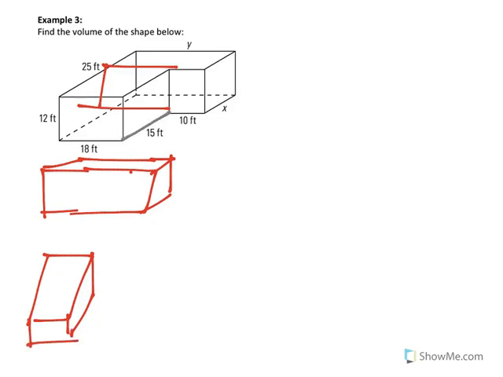We know that here is 15, so we got 15 right here. We know that this is 18 and the height is 12. The height's not going to change, so we're going to put that 12 instantly over here. To find y, which is all the way across, we're going to take this 10 and this 18. So it's 10 plus 18, which is 28.